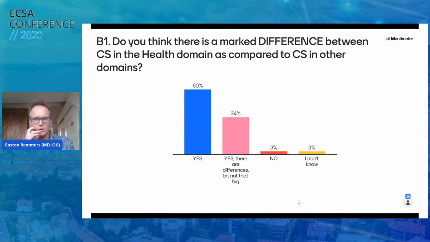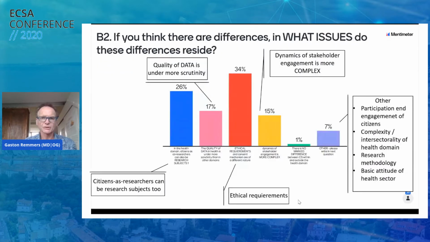Now, there was also a clear view that there's a marked difference between citizen science in the health domain as compared to other domains, as you can see here. Some argue that there is a difference, but not as big. To get an idea of the issues where this difference resides, here there's a graph. It has to do with the mix of citizens as researchers also being research subjects.